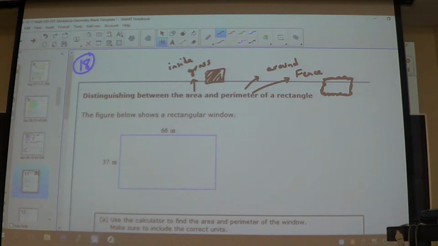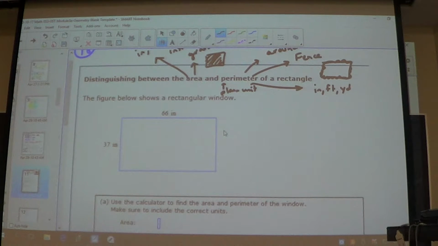Okay? Area, the units are squared: inches squared, feet squared, yards squared. Perimeter is inches, feet, yards. Perimeter has plain units. P for perimeter, P for plain.